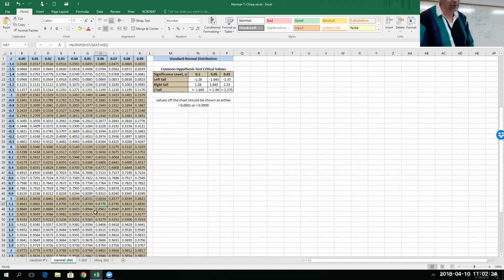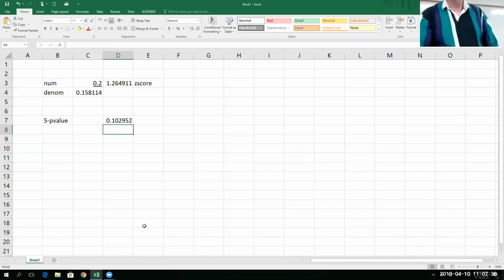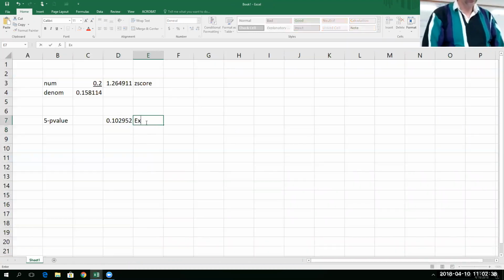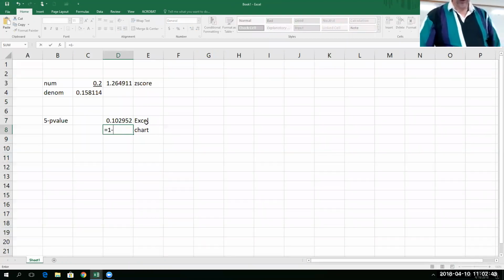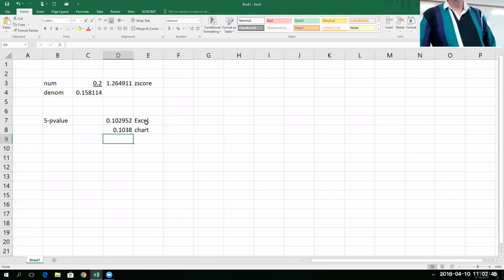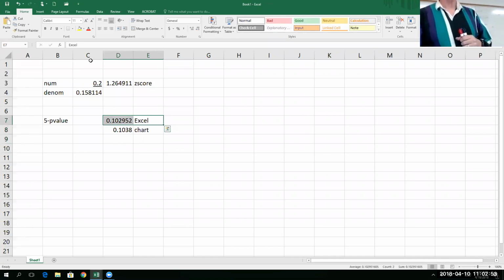Oh, sorry, I'm in the wrong row. 0.8962. So it's going to be 1 minus 0.8962. Okay, does that make sense? So if I do that with the chart, I get 1 minus 0.8962, and that gives me 0.1038. So it's off a little bit. Which one's more accurate? Excel's more accurate, but if you're using the chart, that's fine.